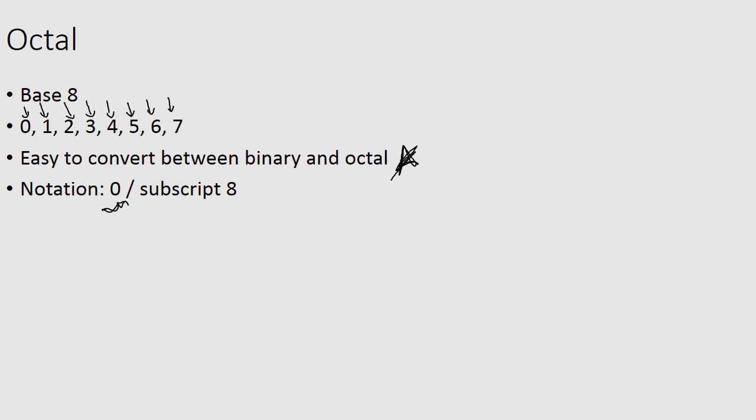So if we have an octal number, let's say 0357, that means it is octal and not decimal. Another way for humans to represent octal is using the subscript of 8. So we can say 357 with subscript 8 is octal representation rather than decimal representation.